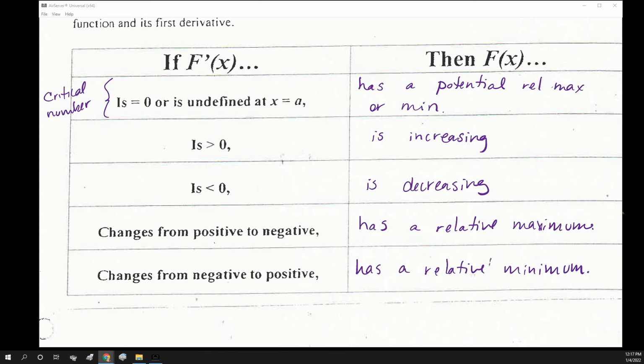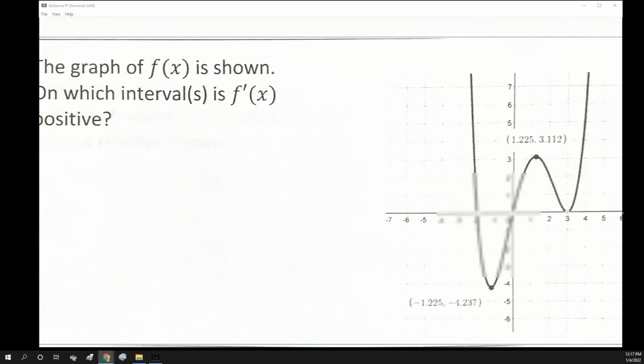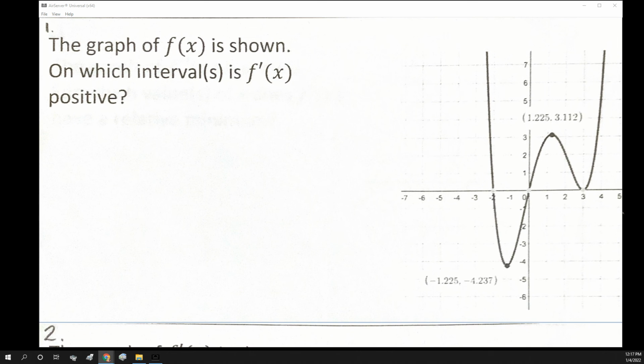For f prime of x to be positive, which is greater than 0, f of x needs to be increasing. If we look back at the graph, f of x is increasing on this interval right here and on this interval right here.